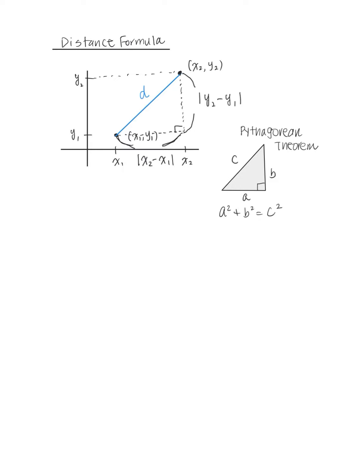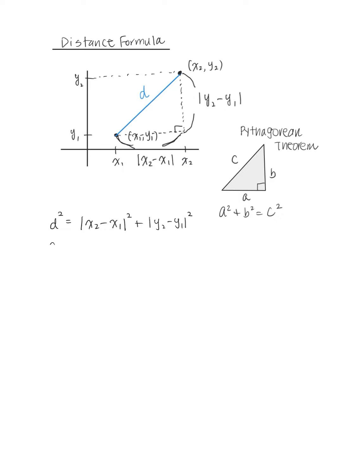So here, what we're going to get is d squared equals absolute of x2 minus x1 squared. But notice that no matter what, if I square something, then everything's going to become positive. I just want you to keep that in mind. And then plus y2 minus y1 squared.